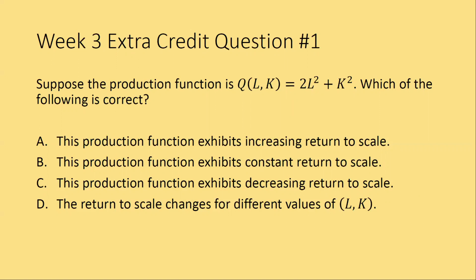And we want to determine if this production function exhibits increasing return to scale, constant return to scale, or decreasing return to scale, or if the conclusion depends on the values of L and k that we are looking at. So you can employ the technique or the method we described before to figure it out.